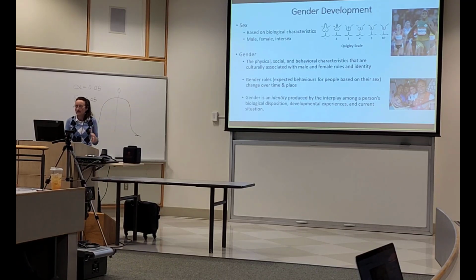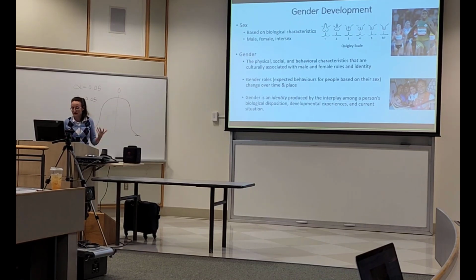For the longest time, there was no birth control, and we had more rigid expectations for what women do versus what men do. This gender is about whether you wear pink or blue or stay home with your kids, that kind of thing. And those roles can change over time and place.